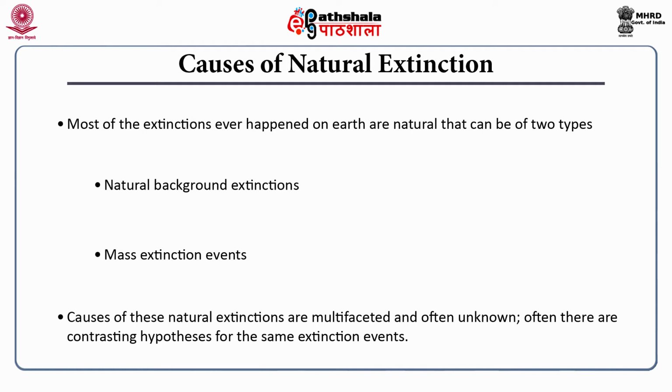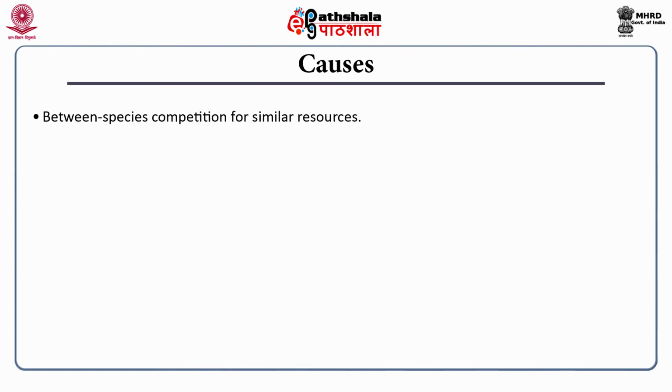You can never confirm what really caused a species to go extinct. It's like an individual dying or being murdered. So, often there are contrasting hypotheses for the same extinction events. Ecological, climatological or geological factors are the major causative factors for natural background extinction.